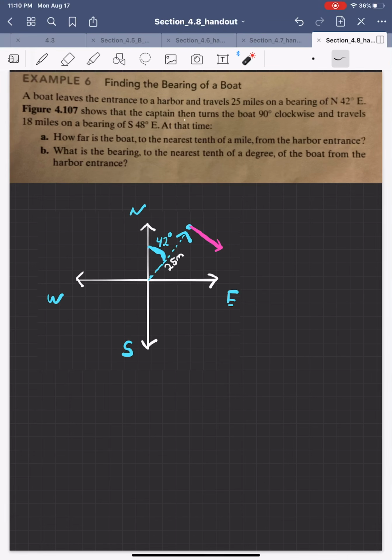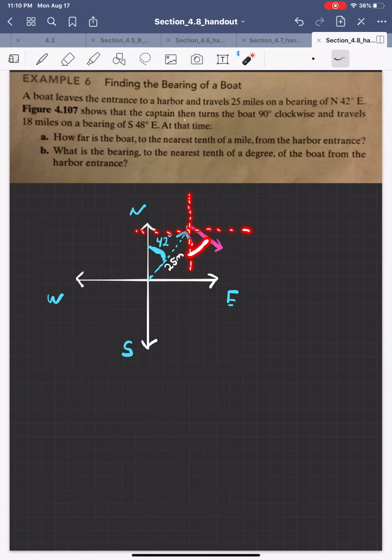You can, say with a pencil, draw just a second coordinate system right here. And you can erase it when you're done, because the only purpose is for you to know how to draw your bearing. Does that make sense?